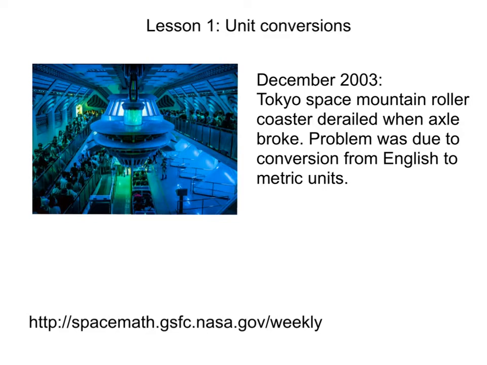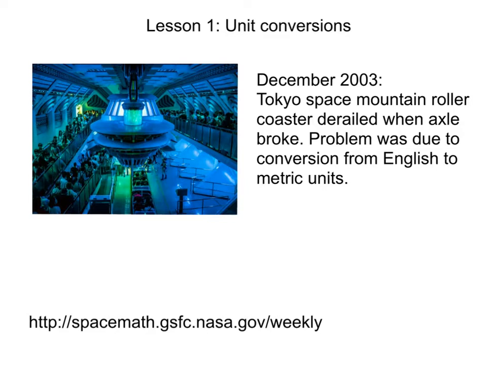And there are so many examples, if you look throughout history, of problems with conversions between English and metric units. Because of those problems, it has caused really severe accidents.